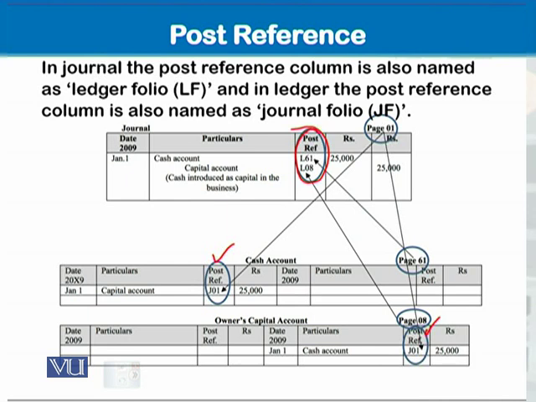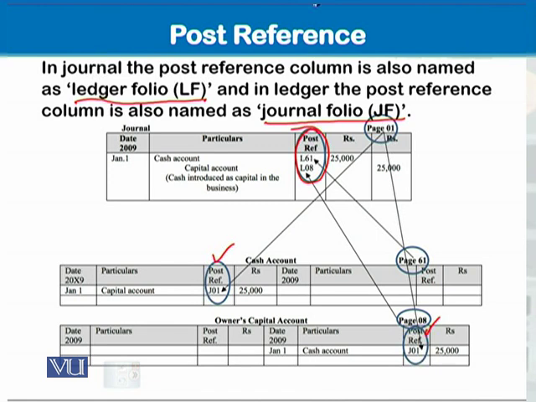Post reference is, simply, the page number of the other book. If we put it in the journal, it is known as ledger folio, and if we put the post reference in the ledger, it is named journal folio. It means the page number in the journal and the page number in the ledger.